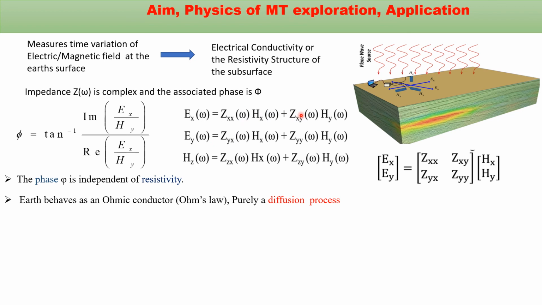So the conductive term addition will produce a diffusion equation, whereas that is the wave equation. In a non-conducting medium, there will be no diffusion. So the main thing we compute is the impedance Z; these terms are measured in the MT survey.